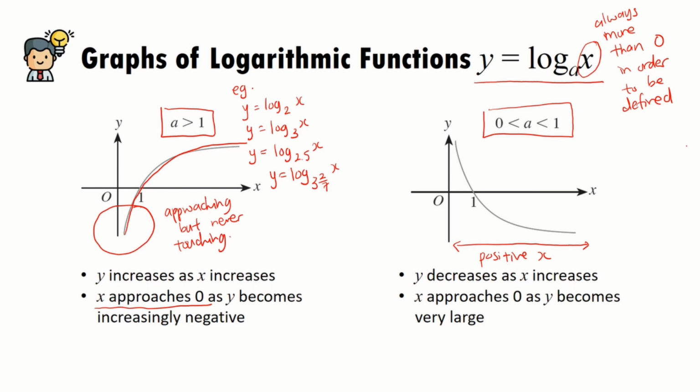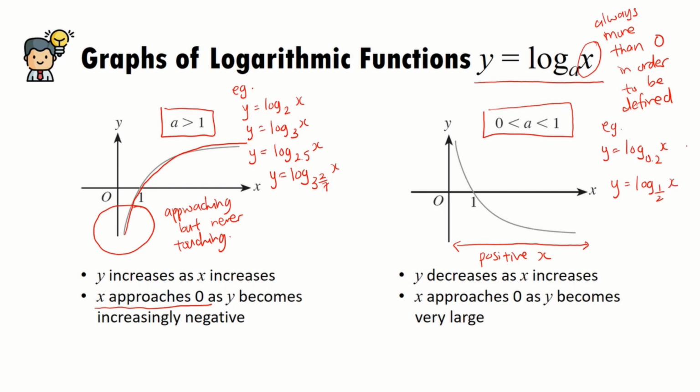Now moving over to the right side, where a is between 0 and 1. That means, for example, you can have equations like y equals log x base 0.2, or maybe y equals log x base half.